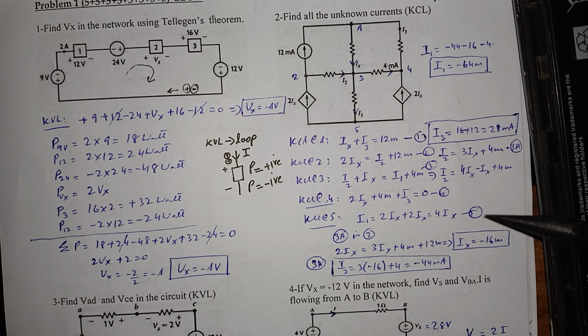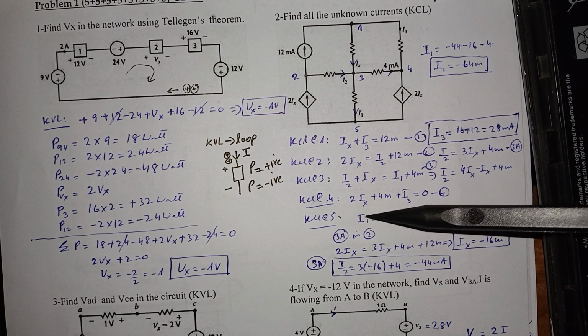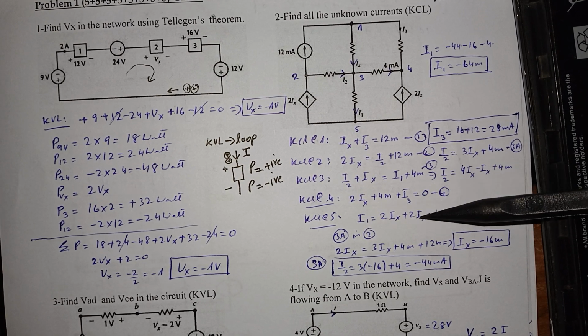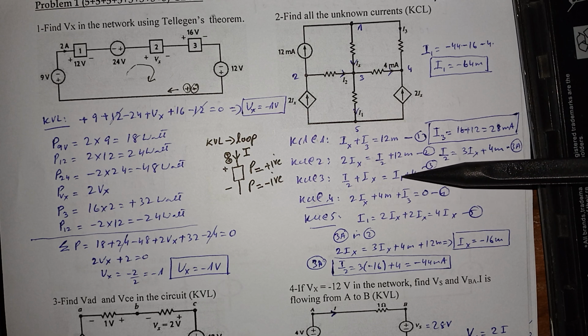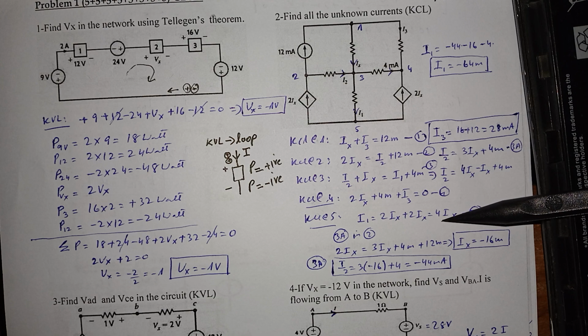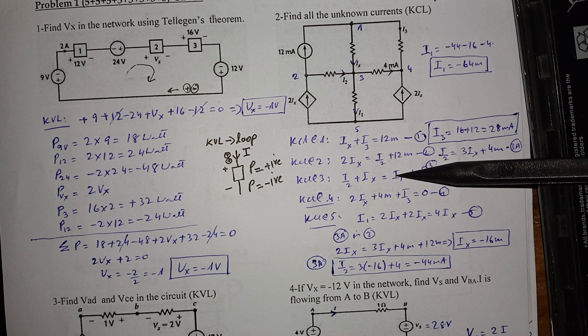There is no specific method for how to solve this, but I have done it by observation that I1 is equal to 4Ix, and I'll find all the other equations in which I1 is mentioned. I1 is mentioned in this one. I'll simply insert 4Ix over here.